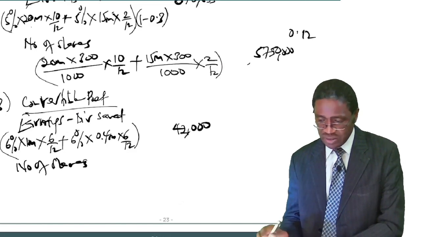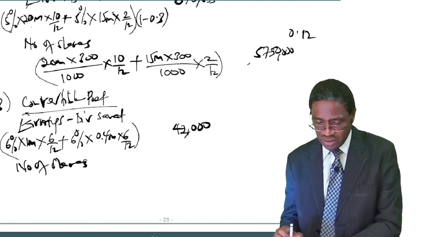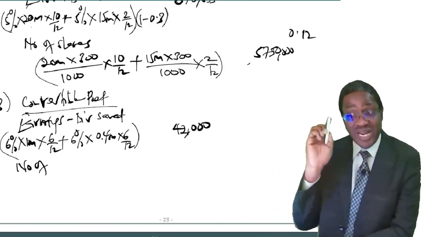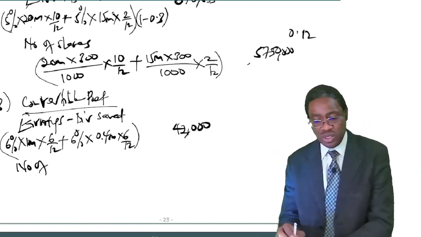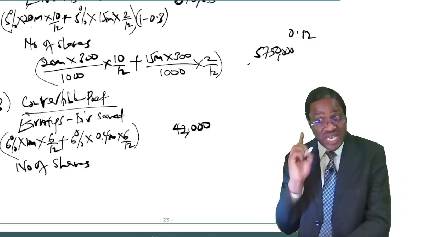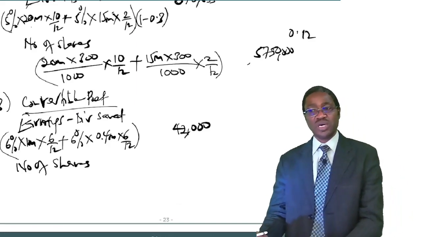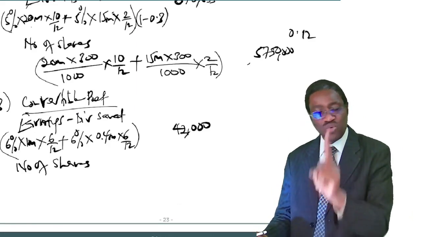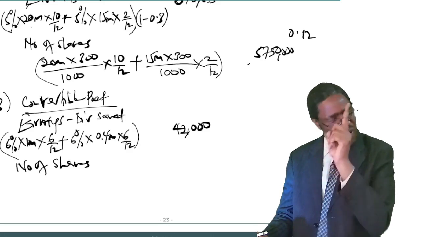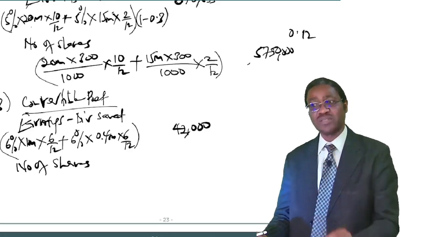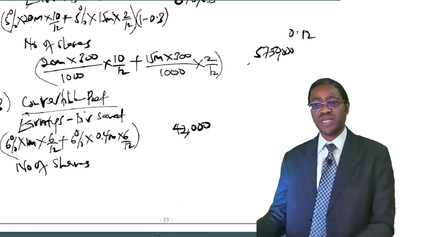But don't forget, when you are calculating the number of shares, we were not using the basis of shillings like we did for loan stock. This time they said, for every one preference, you get 2 ordinary. Listen, let's go back.